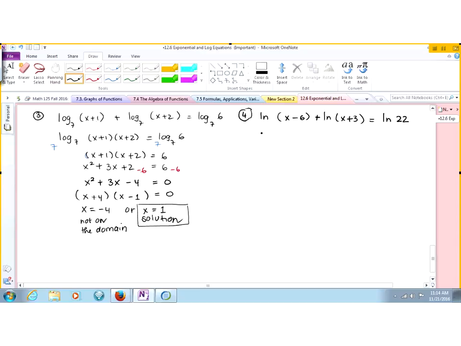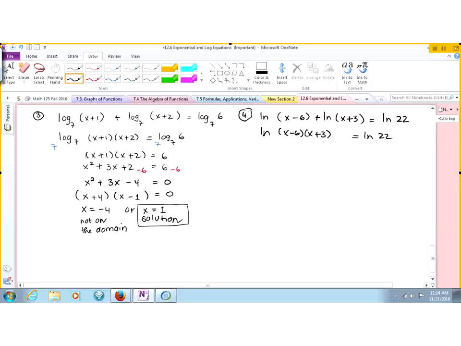So what is this? Right. Good. So did everybody notice why we multiply? It is the sum of two logs. So it's the product when you combine. Okay, good. Now, how do I cancel my ln?